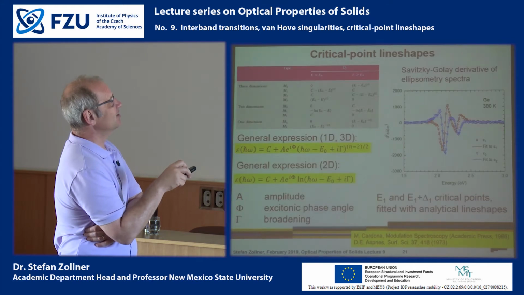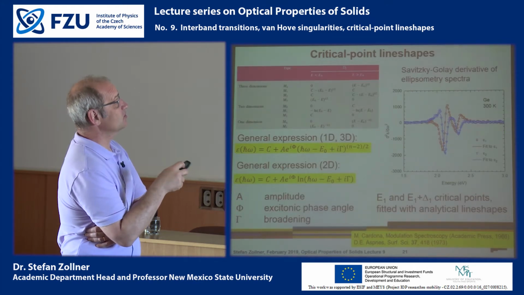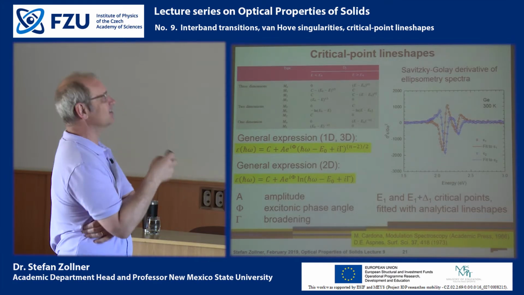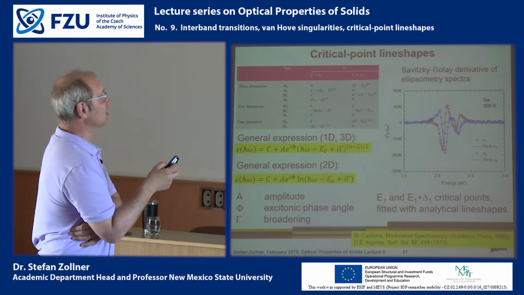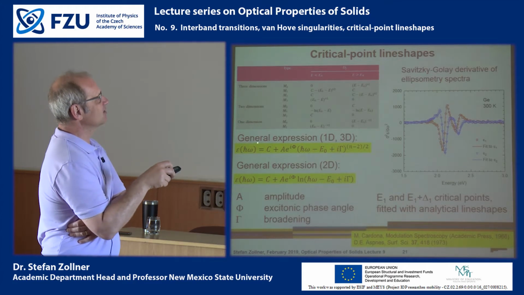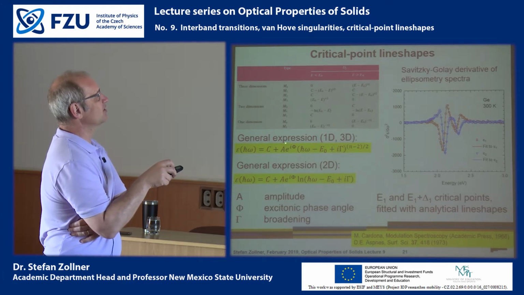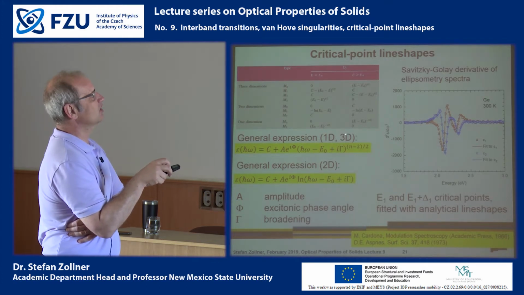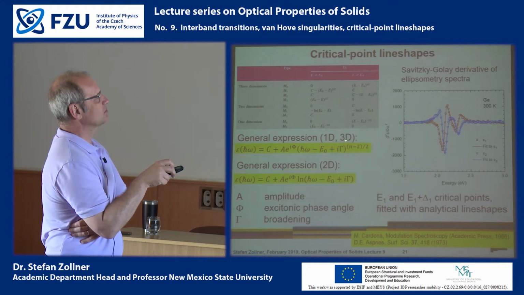And then, using the Taylor coefficients AX, AY, AZ that we mentioned before, it is possible to derive general expressions for the critical points in 1, 2, and 3 dimensions.